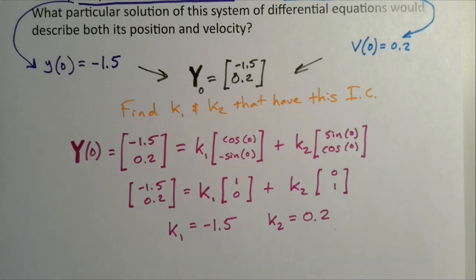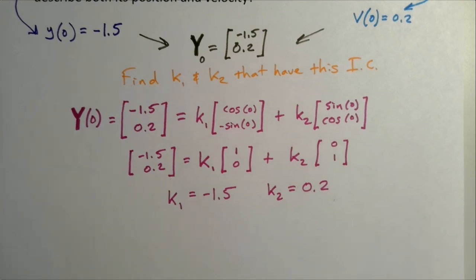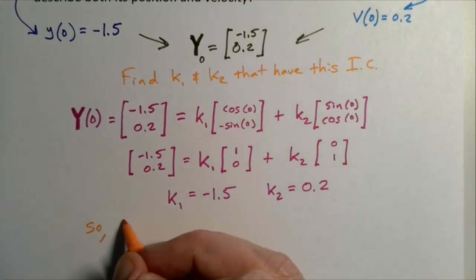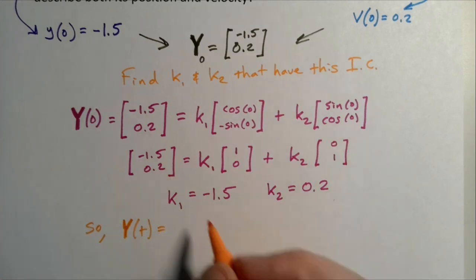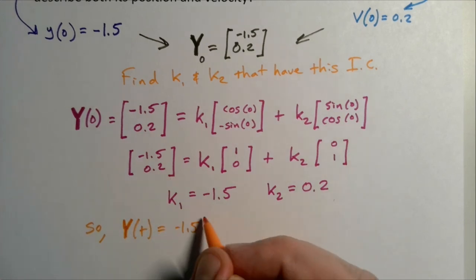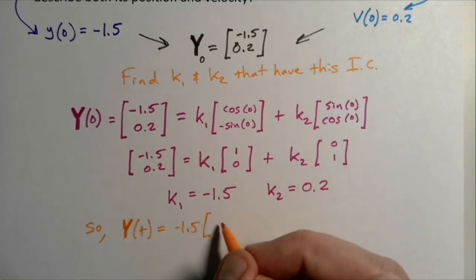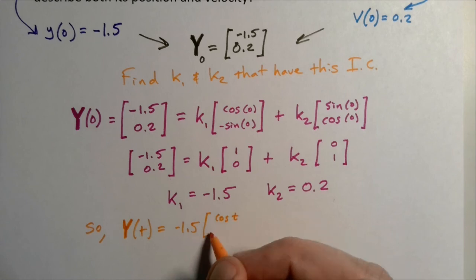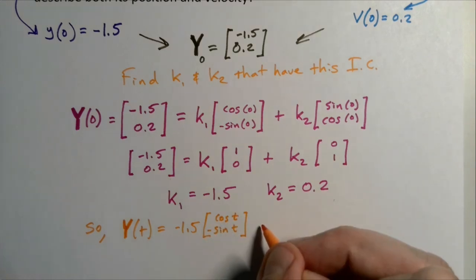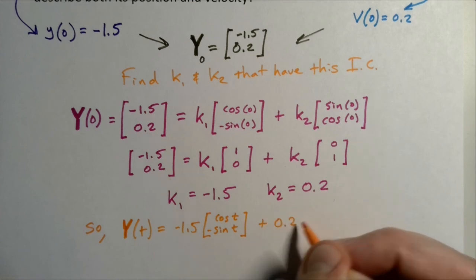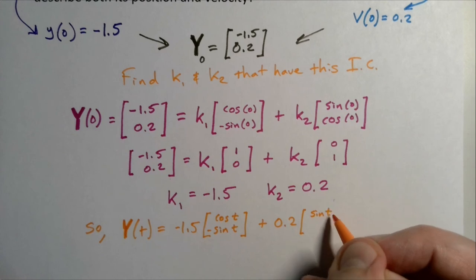And so we can put this together and say the particular solution, y of t, would look like this. K1 is negative 1.5 times its vector, which if you remember was cosine t, and on the bottom negative sine t, plus K2, which is 0.2, times its vector here, which is sine t and cosine t.